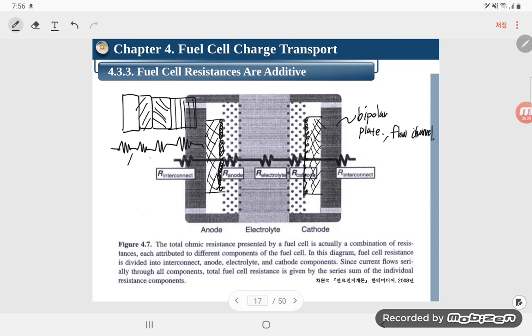But at the interfaces of all these layers, there is the contact resistance, R contact. So we should consider this one too.